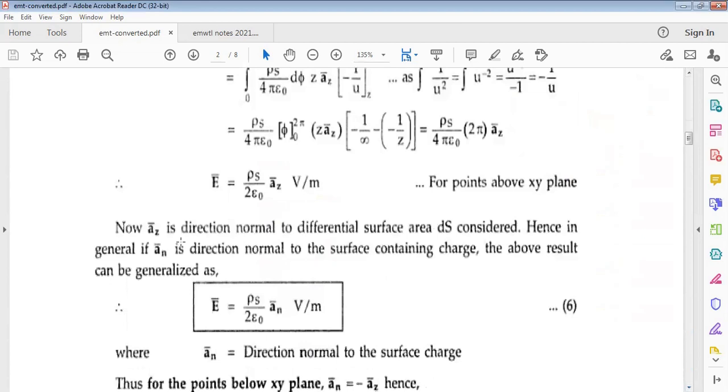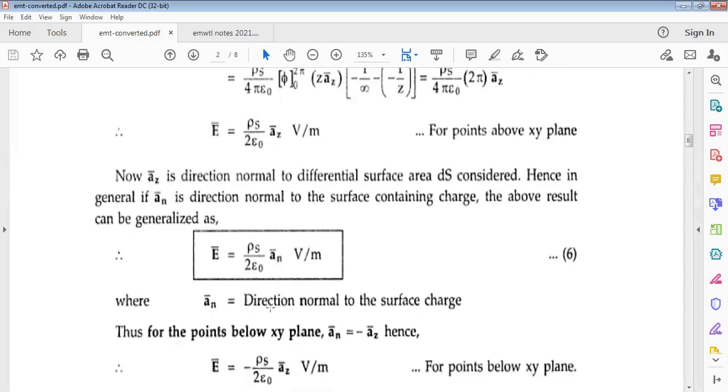Normally az bar is the direction normal to the differential surface area ds, so in general it is an bar. If it is another direction, we can keep the general value an bar, whether it is ax, ay, or az, the direction normal to the surface.